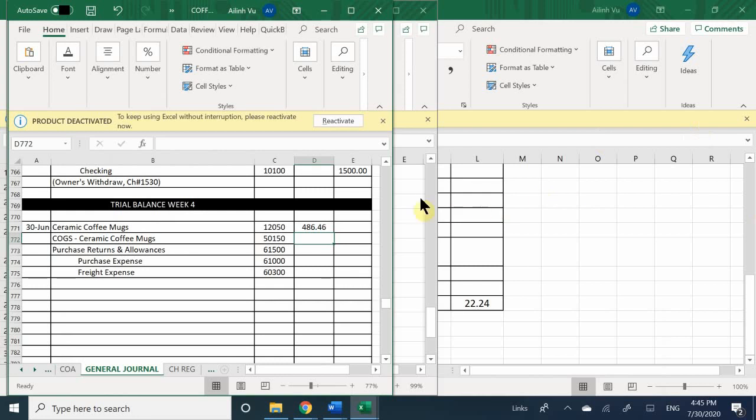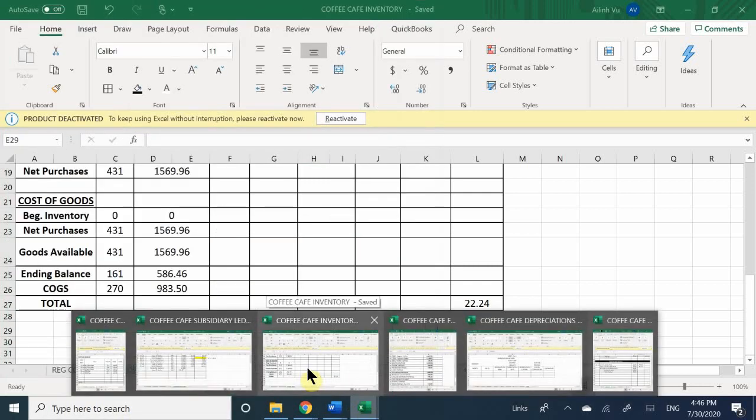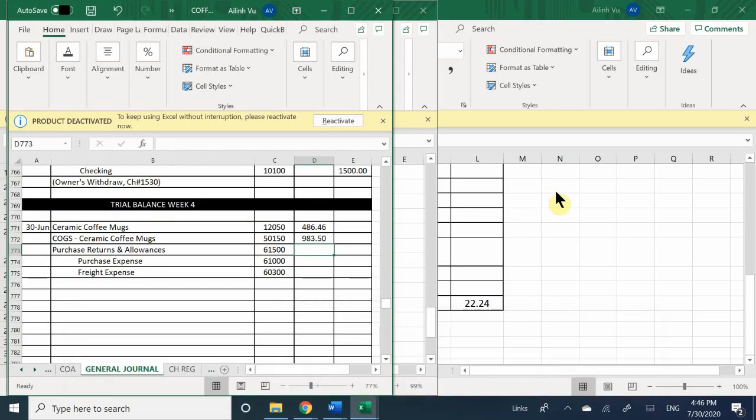The cost of goods sold was 983.50. Yes, 983.50. How much did we return? $22.24. Right. All right.